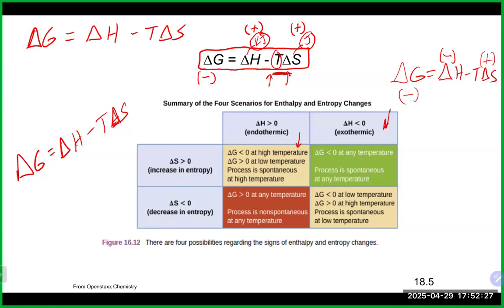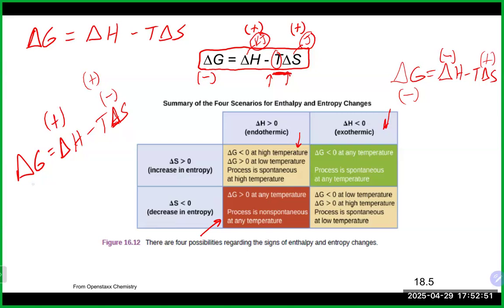Now, if we go to the box on the bottom there, we have a delta H that is positive. We have a delta S that is negative. So with that delta S that's negative, it will turn our back portion there into a positive number, and it's not going to matter what temperature you're at in this situation.